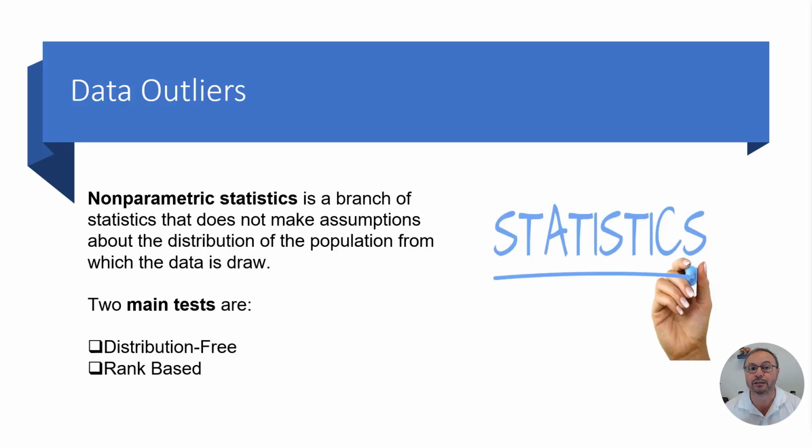We want to really get the right data the first time. So we want to sample things properly. So as part of that, we want to make sure we use the right test. Is the distribution of that data correct? Is it ranked appropriately? So there's really two main tests. There's distribution-free and rank-based.